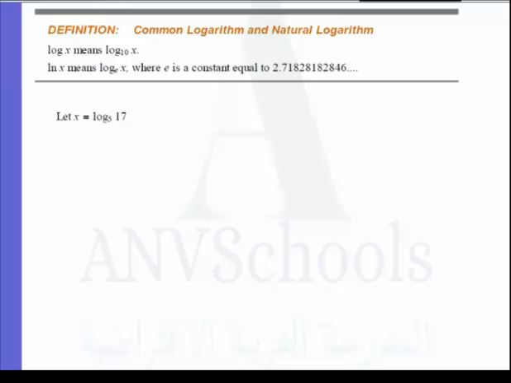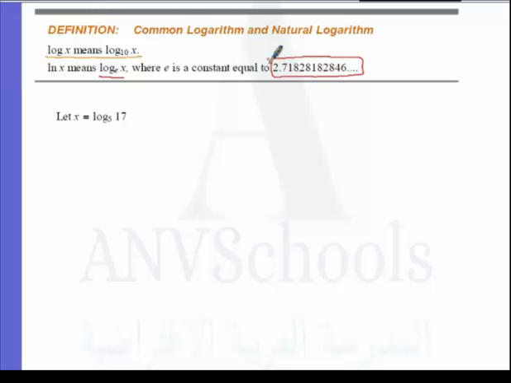So we now reach the definition of the common logarithms and natural logarithms. Common logarithms have base 10 and natural logarithms have base e. So log x means log base 10 of x, and ln x means log of base e of the argument x, where e is a constant equal to 2.71828182846 and so on.